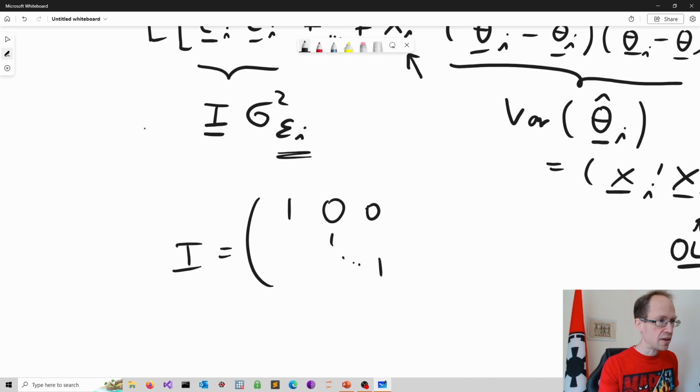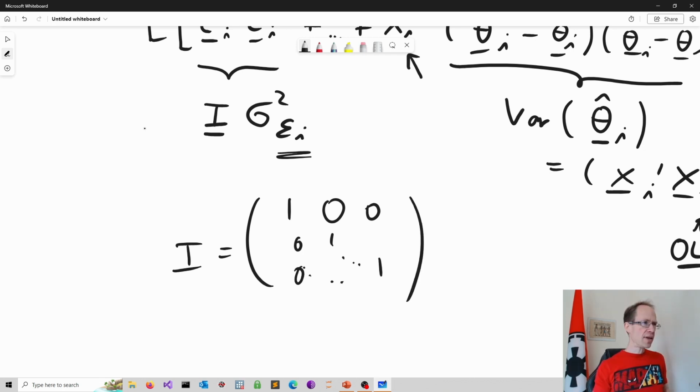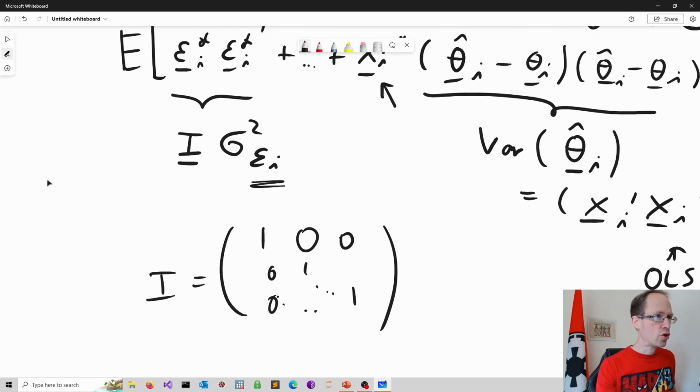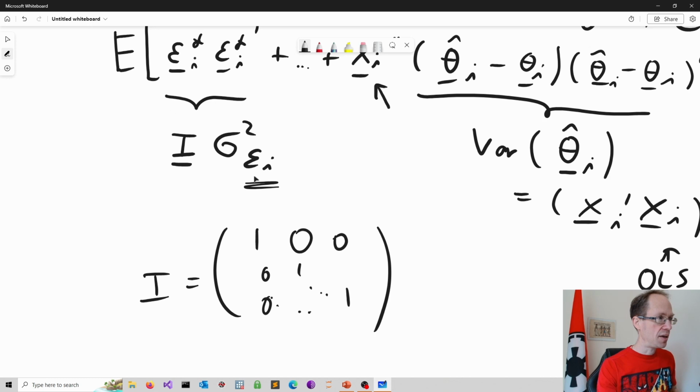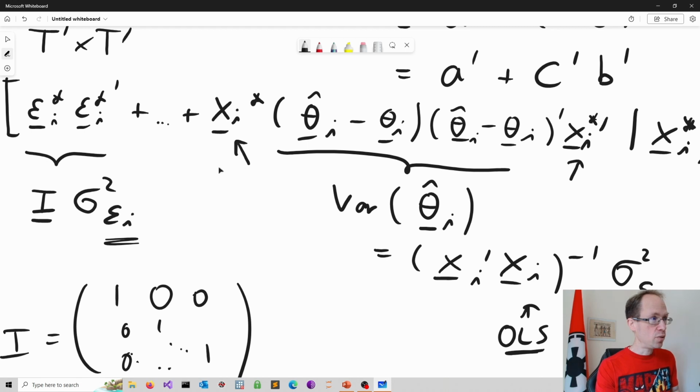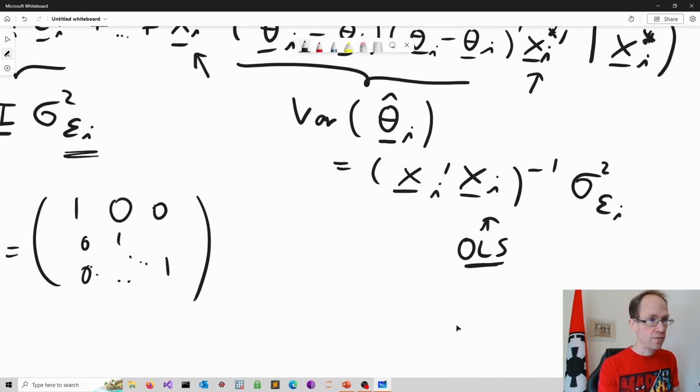Ones on the main diagonal, everything else is 0. So that's the identity matrix. So you end up with a variance term which combines an identity matrix and the error variance, which is constant over time. And then you have some weighting happening based on the current value of your data matrix in the event window times the normal OLS variance term.